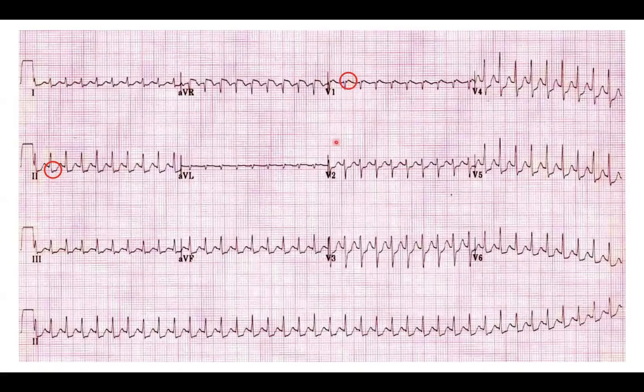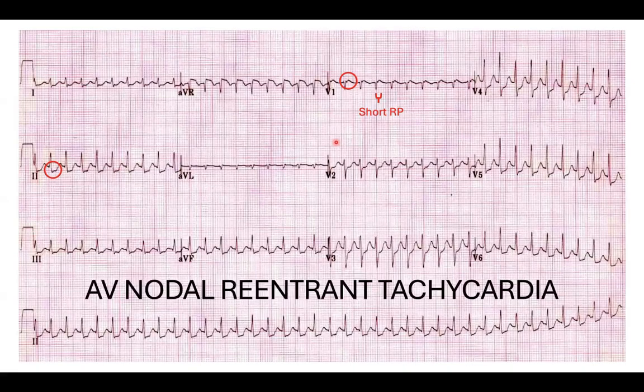We're seeing these small notches, and if we look really closely, this is an incredibly short RP interval, where the ventricle and atria are contracting very close to one another. This is consistent with a very classic AVNRT.